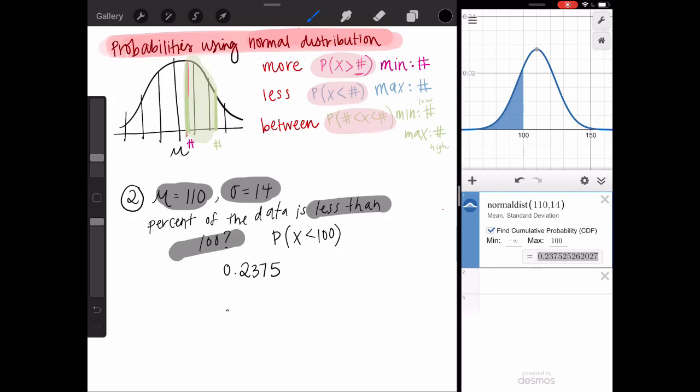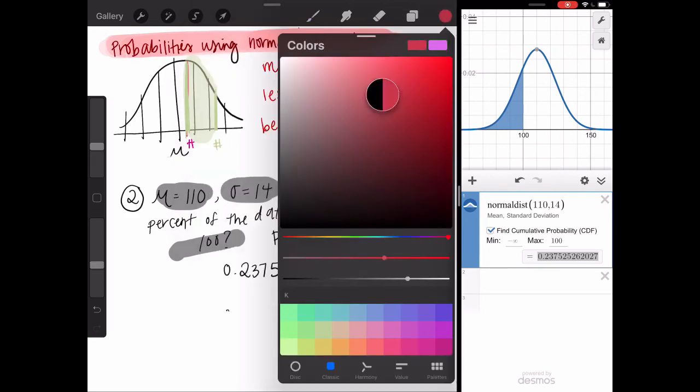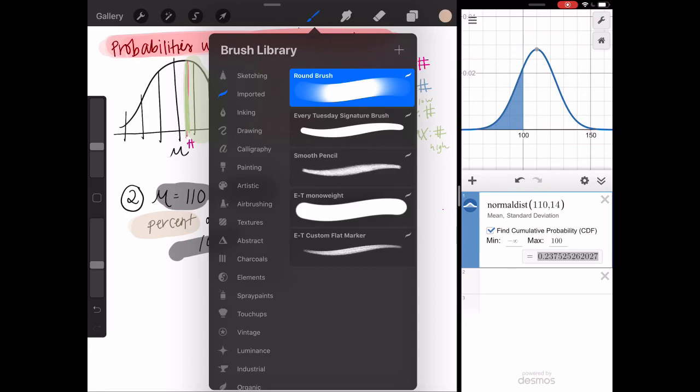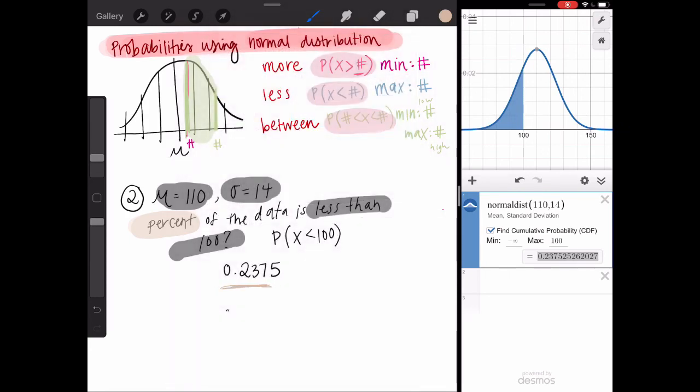But if the question asks you specifically for percent, all you have to do is change that decimal to a percent. So move the decimal twice to the right, you get 23.75%. So all that's saying is in this population, 23.75% fall lower than 100 or less than 100.